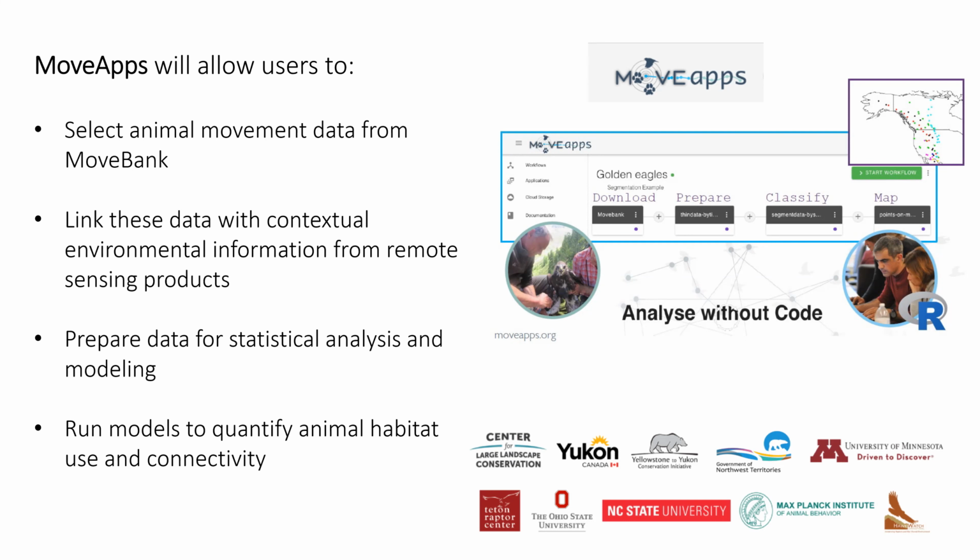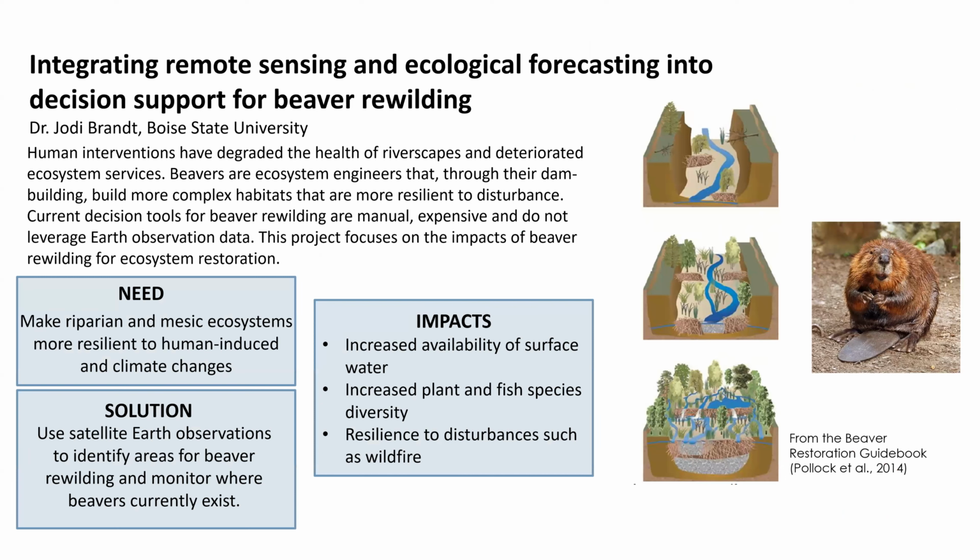The other project I wanted to tell you about is one of my favorites. I love this project. It's about beaver rewilding. The PI for this is at Boise State University, and what she's doing is a bunch of different things. She's using remote sensing, satellite imagery, to look at potentially likely good places to reintroduce beaver.